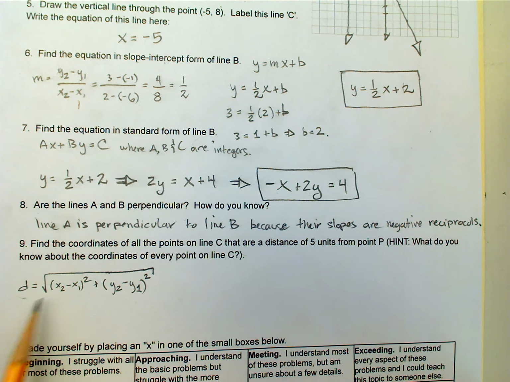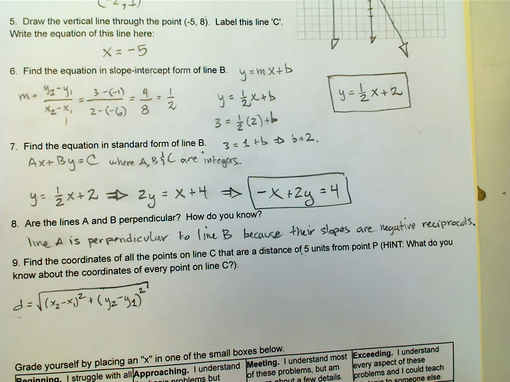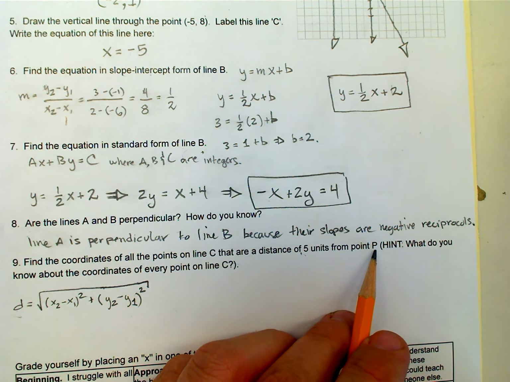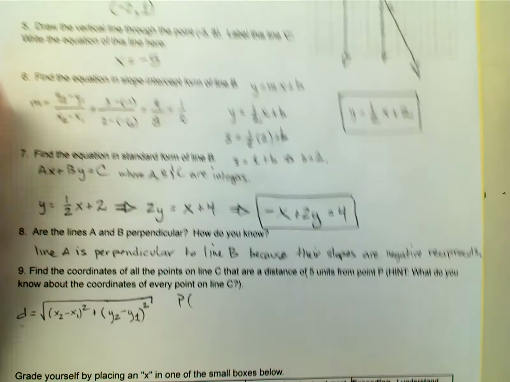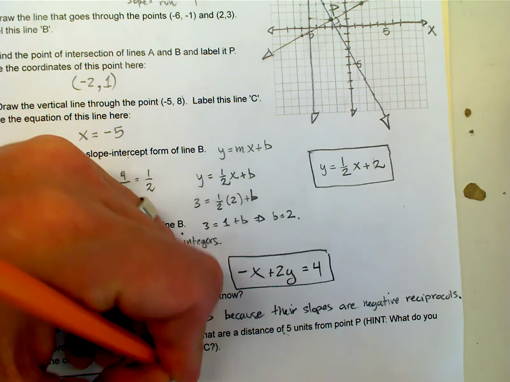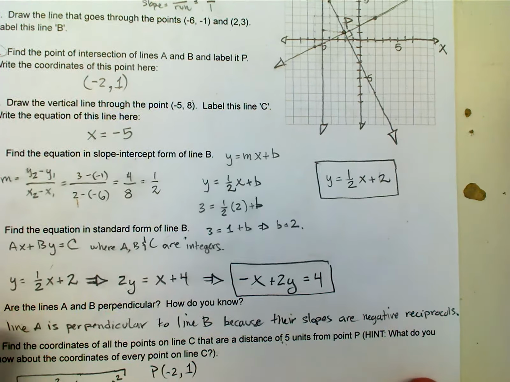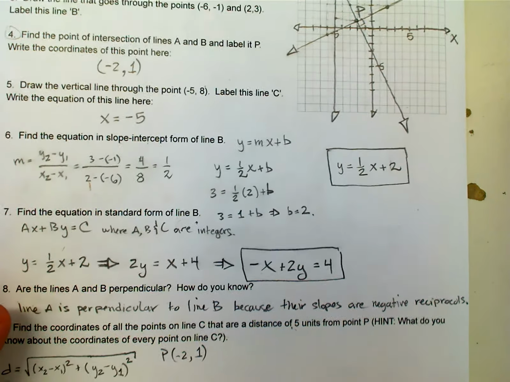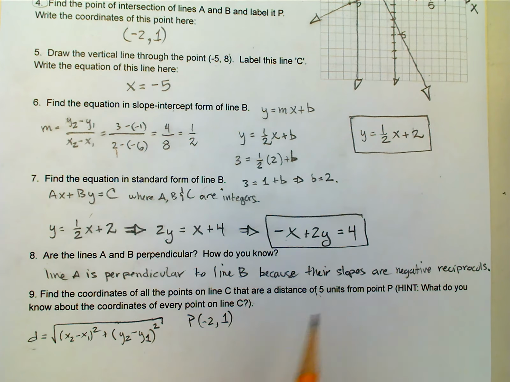Now we could figure this out. We know D is 5. And we know that one of our points, point P, has coordinates (-2, 1), which came from problem number 4. And then the hint tells us, what do you know about the coordinates of every single point on line C?